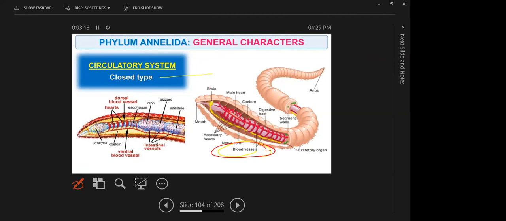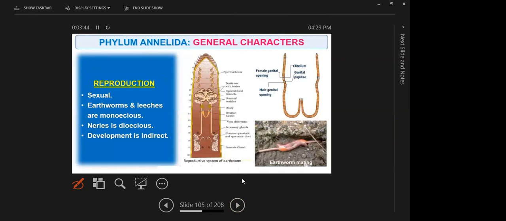The brain is present here. The main heart is present here, though the heart is not well developed like your heart. This is the digestive tract, and surrounding it you can see a lot of blood capillaries. That means blood travels through a proper channel. That's why we call it closed, which is one of the higher body designs.